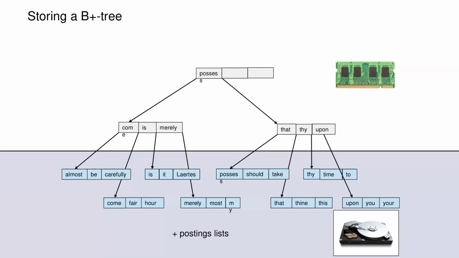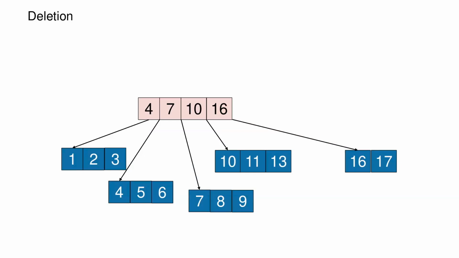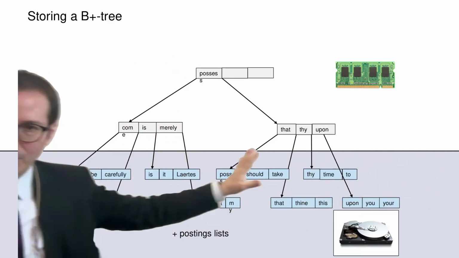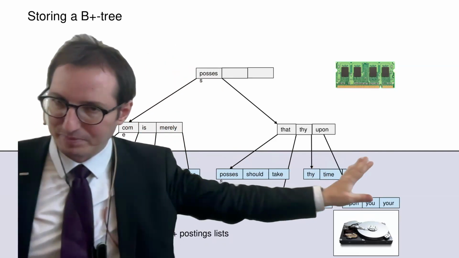So this is it, except that instead of integers, what we're going to have in there are the terms that belong to our vocabulary. Now going back to hardware, because everything in the end ends up on computers, information is physical. What happens in reality is that the entire B plus tree is going to be stored on disk.